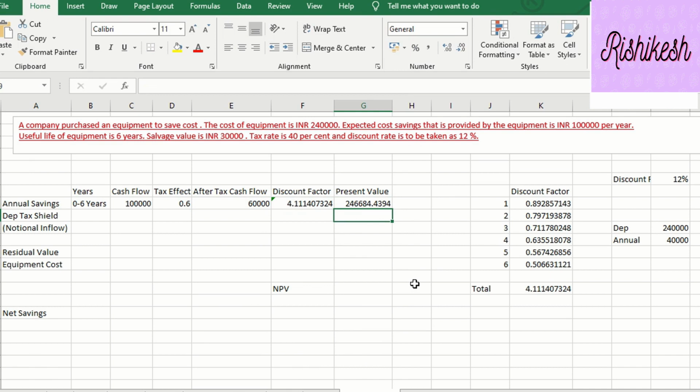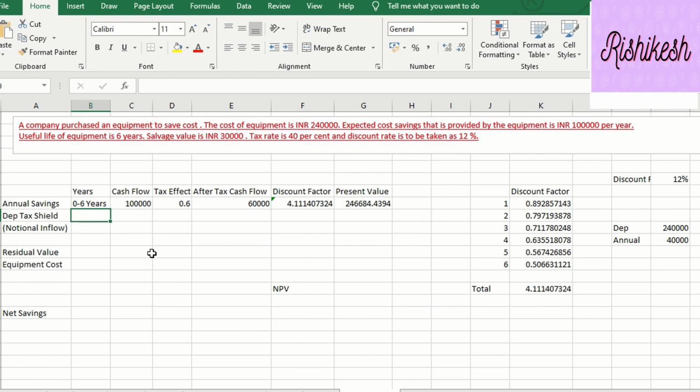And remember, this is the present value not for 1 year, this is the present value for the entire 6 years, right? So this is how I can calculate the present value, and I have taken only that cash flow which comes after tax, and I have deducted a tax of 40% from the cash flow which is coming, that is 1 lakh.